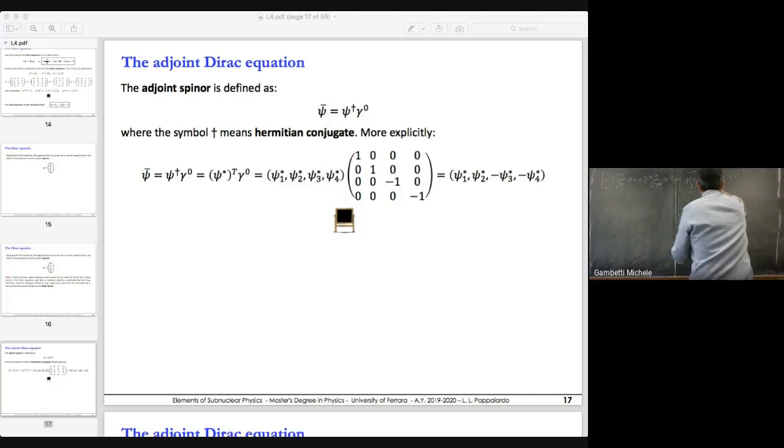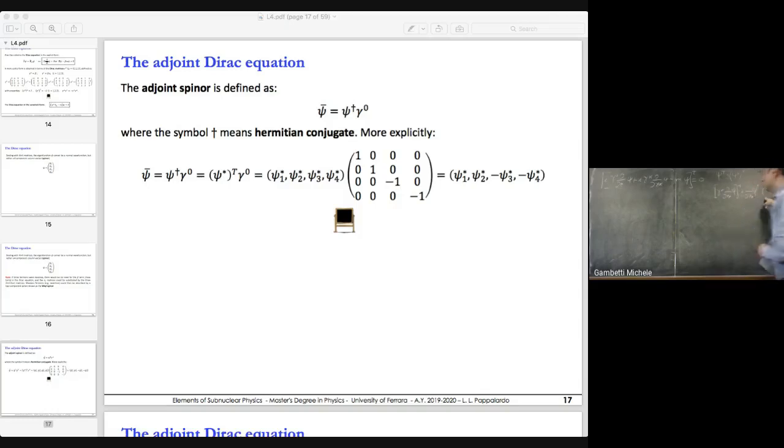Then, when we take the Hermitian conjugate of the term gamma mu partial derivative with respect to x^mu of psi, this turns out to be the partial derivative with respect to x^mu of the Hermitian conjugate of the spinor, and then gamma mu Hermitian conjugate at the end.